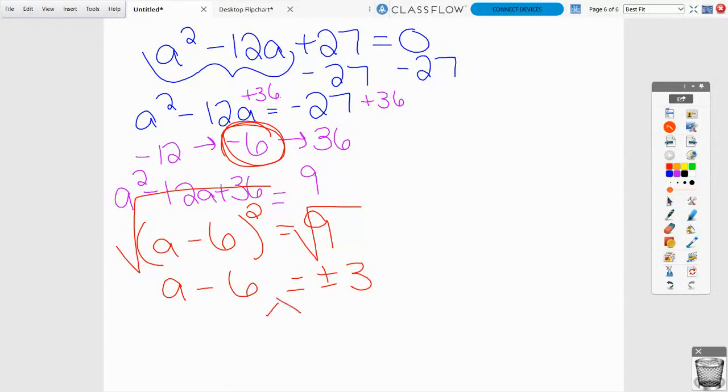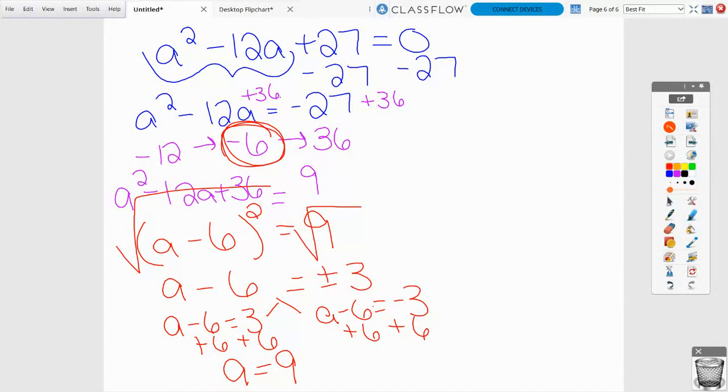This has two options. a minus 6 could equal positive 3, or a minus 6 could equal negative 3. Hopefully we agree we can just solve these. So that's an a equals 9 and an a equals 3.